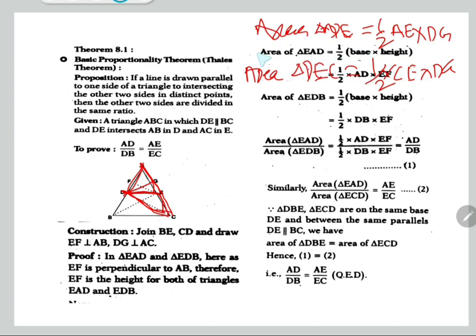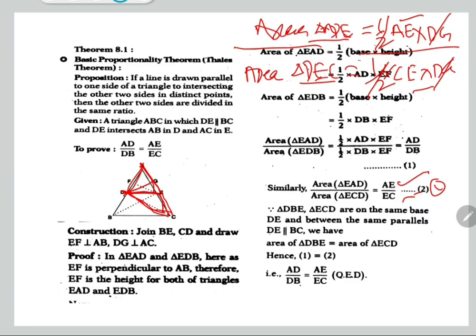From these two, if we divide these two, we will cancel 1/2 and 1/2, DG and DG. We will get this from these two triangles, AE by CE. Similarly, the area of EAD by area of DEC లేదా ECD equal to AE by EC. This is number 2.